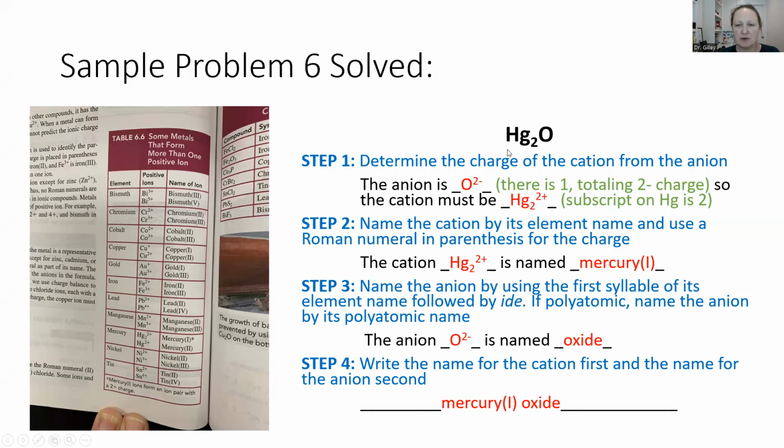Really, it's a dimer of 2 mercury 1 ions, that overall has a +2 charge. So we know it's Hg2 2+, because of this subscript 2 here. And we know that Hg2 is actually called mercury 1. So putting it all together, we have mercury, parentheses, Roman numeral 1, close parentheses, space, oxide.